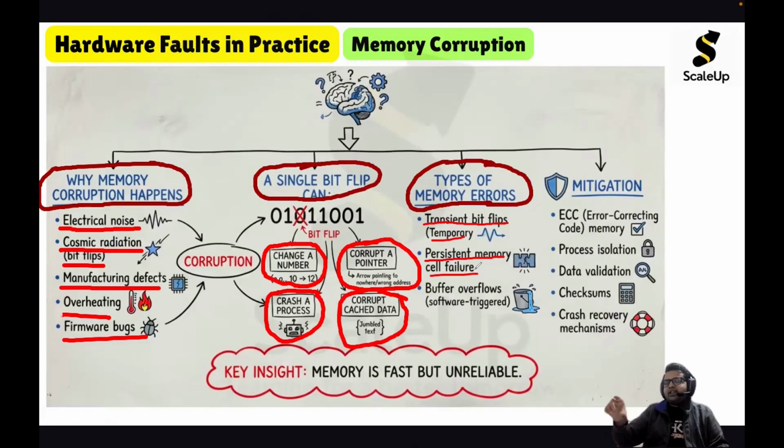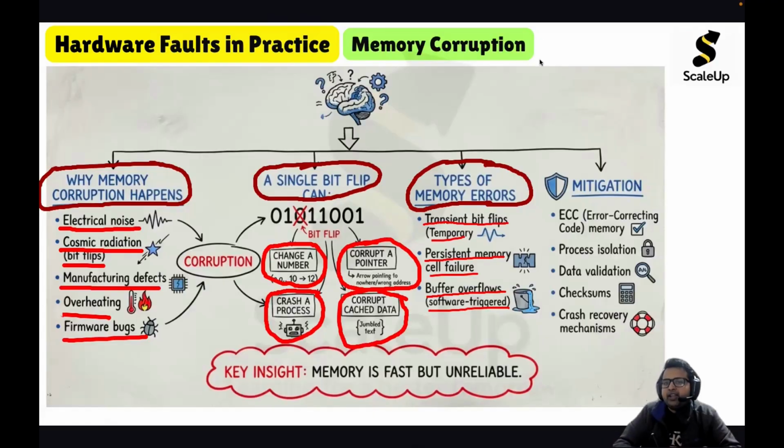That's why transient bit flips are temporary. But cell failure is related to the hardware and it is permanent in nature. In that scenario, we have to change the memory itself, the hardware itself. And we can even have buffer overflows. They are software triggered. Buffer overflow means we are trying to add more data than the capacity of the memory.